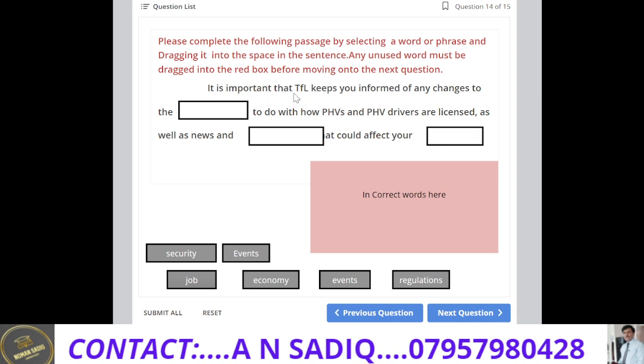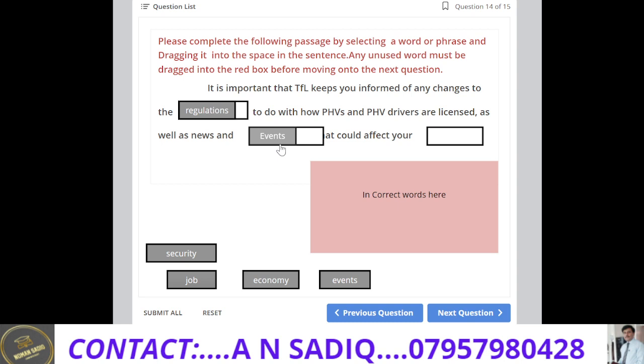The options are security, events, jobs, economy, regulation. So if there is any change in the regulation, TFL keeps you informed of any changes to the regulations to do with how PHVs and PHV drivers are licensed, as well as news and events.